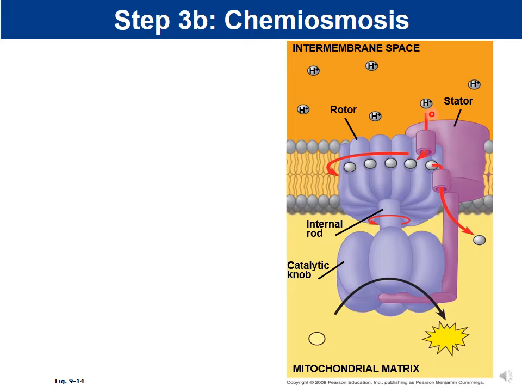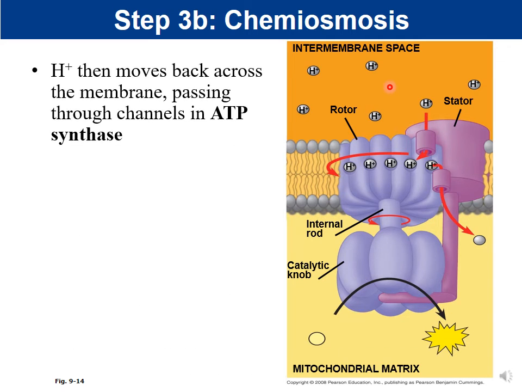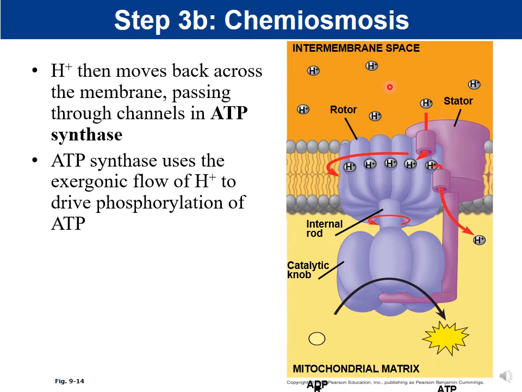The intermembrane space has the higher hydrogen ion concentration, because the electron transport chain, you can think of it being over here, is going to pump hydrogens into the intermembrane space. So we have a higher hydrogen ion concentration here and a lower concentration in the mitochondrial matrix. Let's put all this on here.